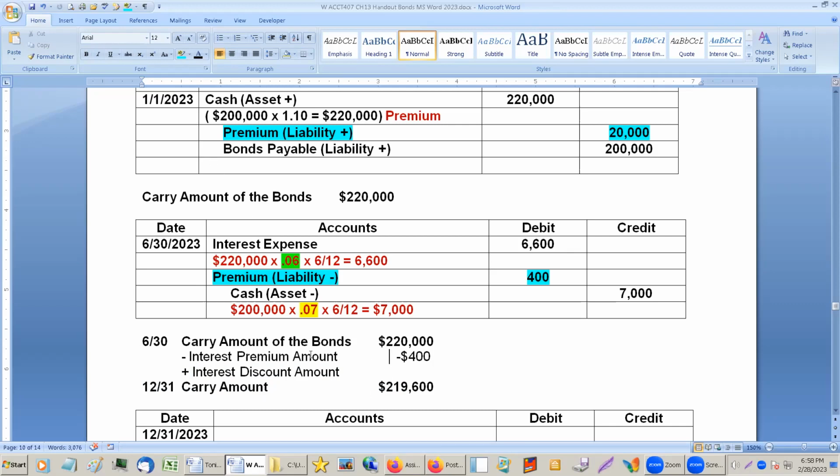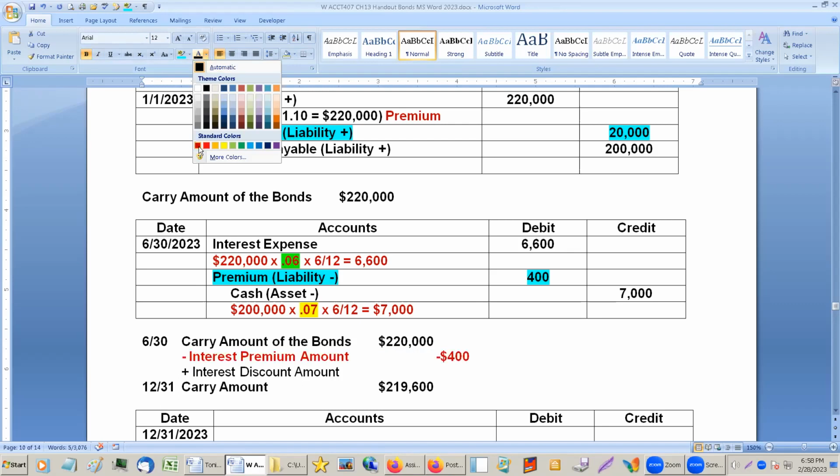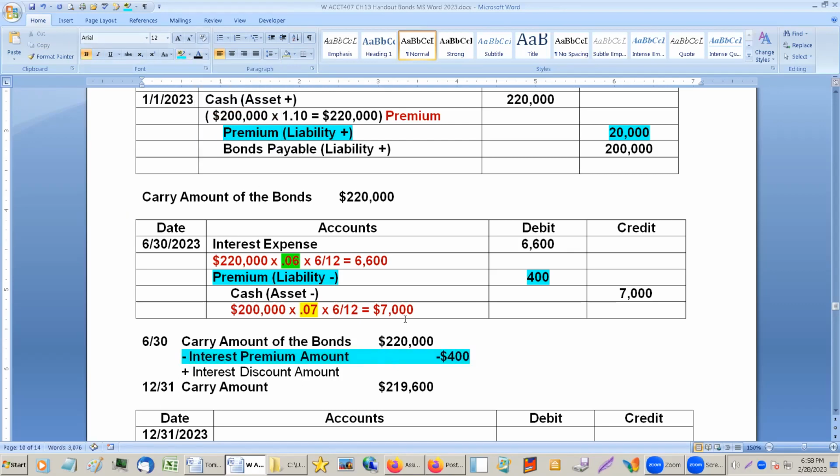So in this case, we have an interest premium of 400. Okay. And so the new carry amount is 219,600.